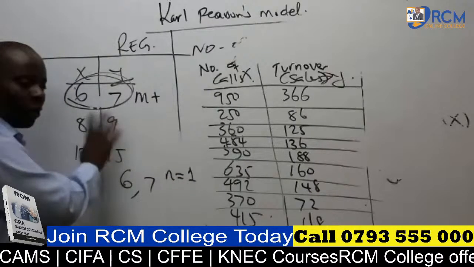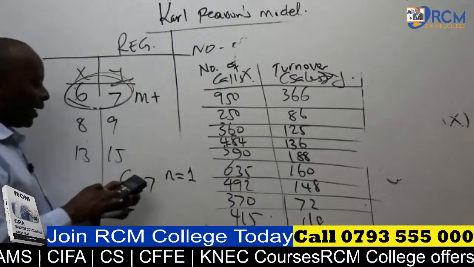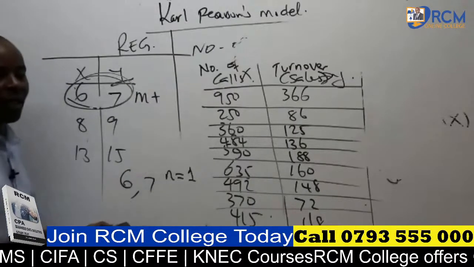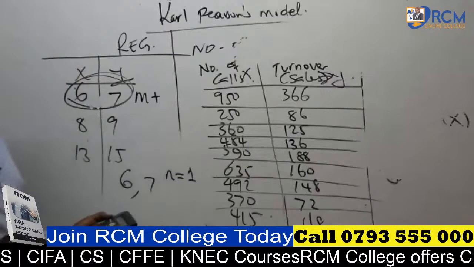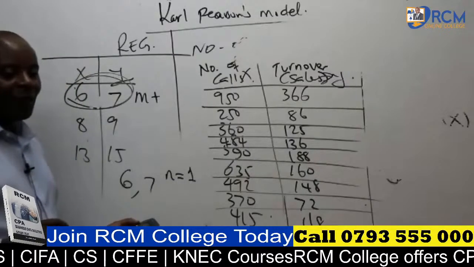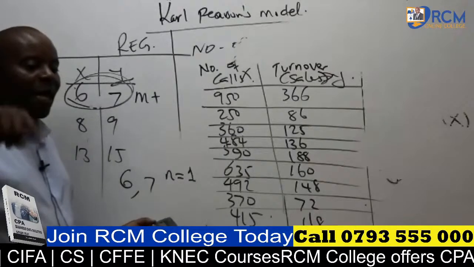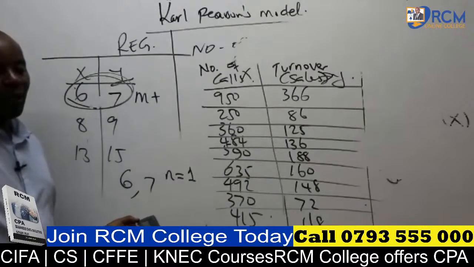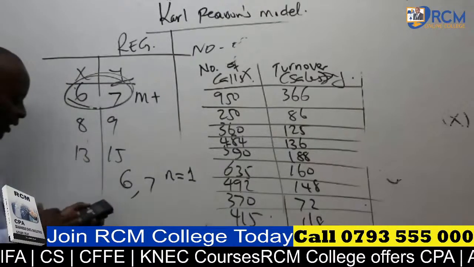So utakuja useme 8,9. Alafu unasema M plus. Is there somebody who has been told that this time round N equals 2? Thank you very much, Maureen. So we got the last one, which is 13,15.